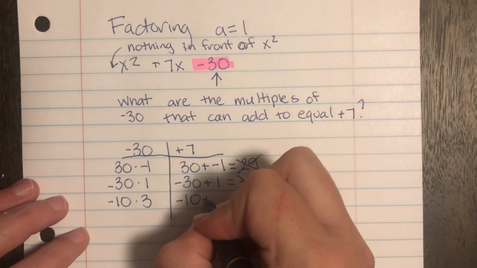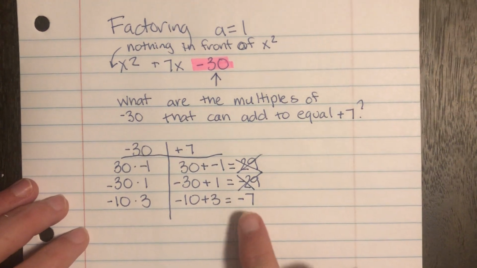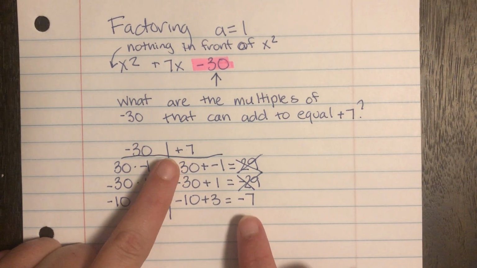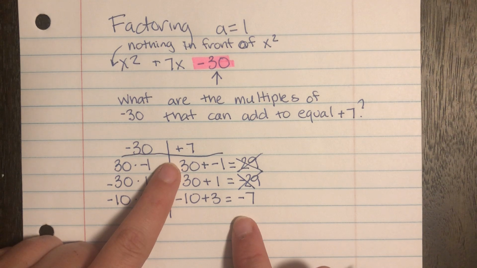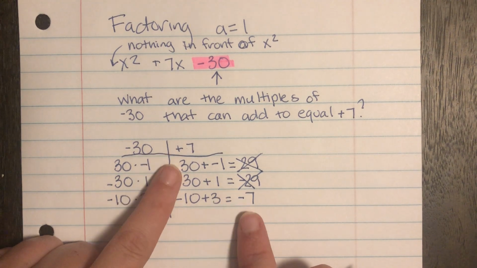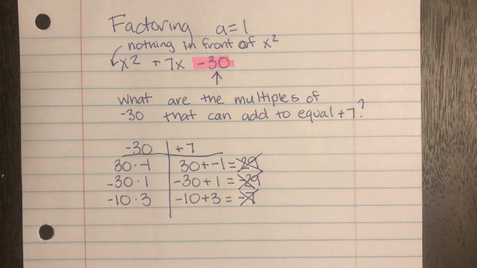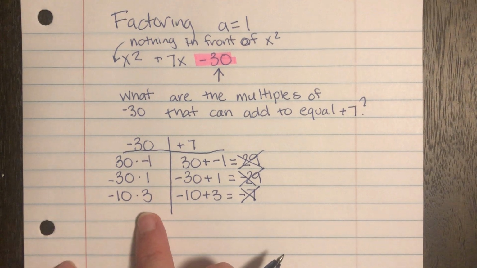Negative 10 plus 3 is equal to negative 7. Ooh, I got my number, but the sign is not right, okay? This can happen. It's totally fine. I just need to keep moving because it's not exactly right. Because that was negative, we're not going to count it. But that tells me that these are the right numbers. I just have my signs flipped.